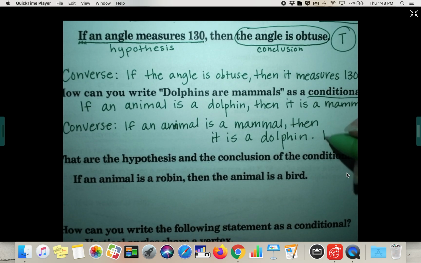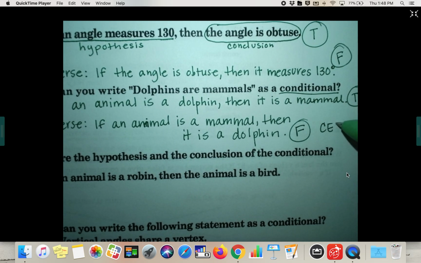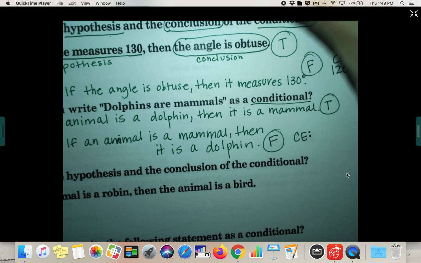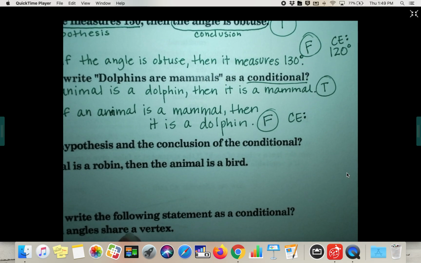That would be false. And let's give a counterexample. If an animal is a mammal, then it is a dolphin. False. Can you think of another mammal that is not a dolphin?